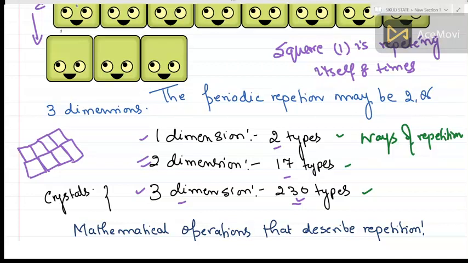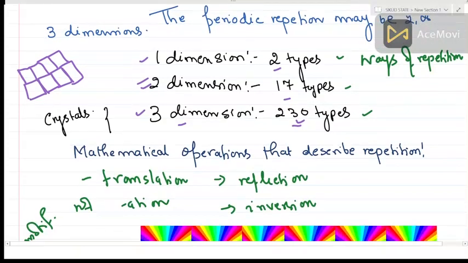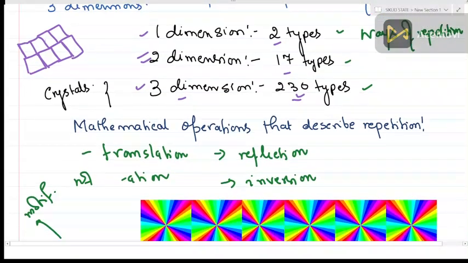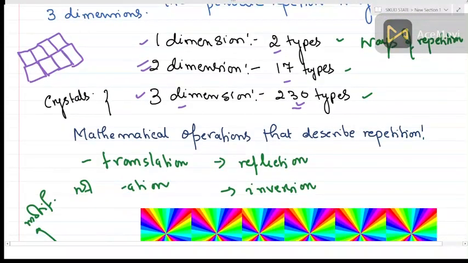Now how to repeat the things? We are dealing with atoms or molecules or the constituent particles of the system. We are not able to see them, we are not able to hold them in the hand and repeat them. So these repetitions are described by mathematical operations.